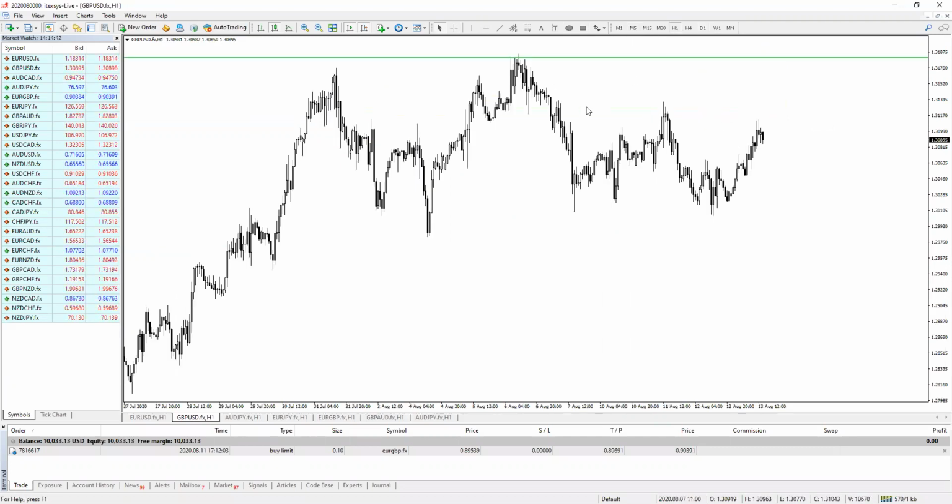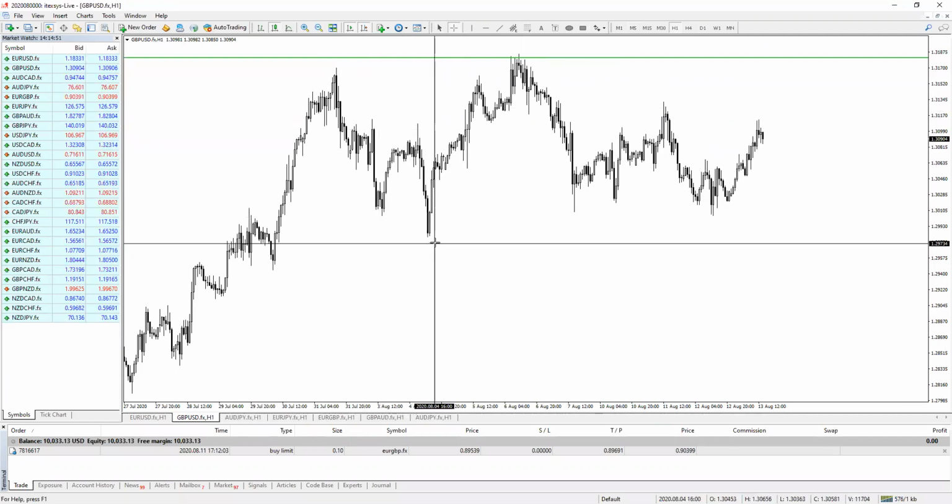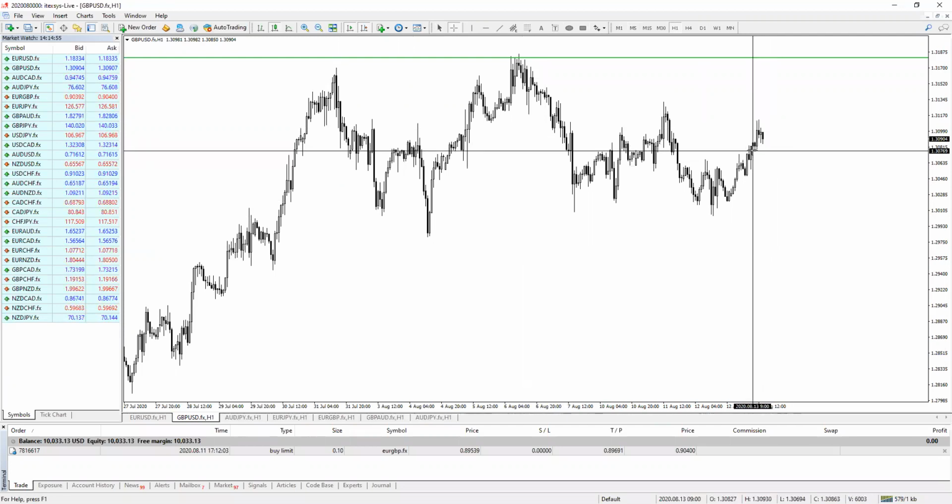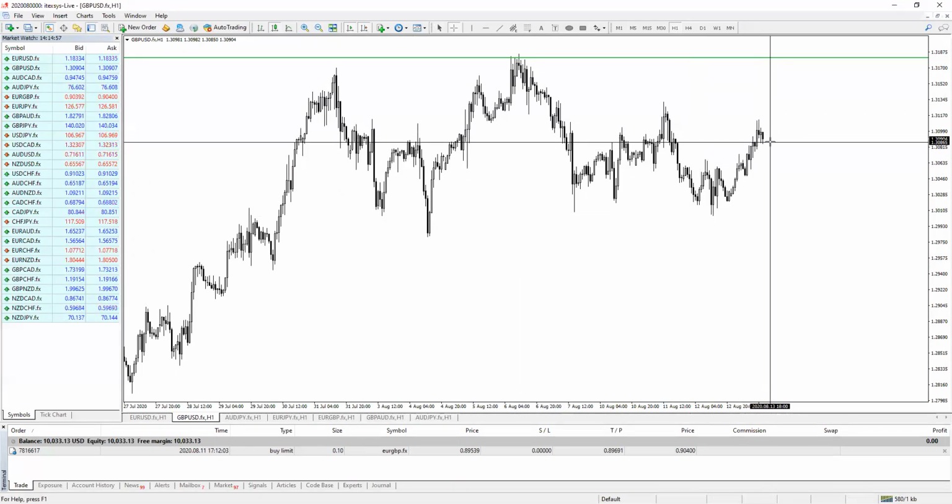On H1, we see this formation, which is actually flagging. Price is making higher highs, and we expect that this one will continue to go upward.